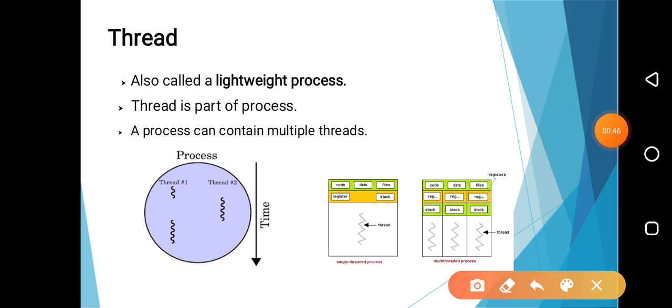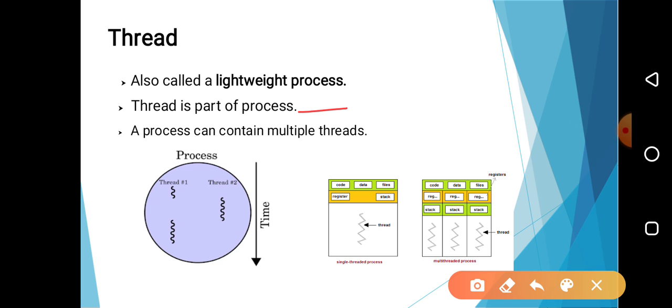What do you mean by thread? Thread is a part of process. So what do you mean by part of process? I am giving you one general example so that it will be clearer what a thread is. If I am using MS Word, MS Word is one program. If I am executing it, it becomes a process.